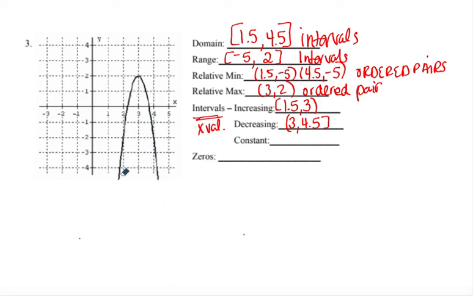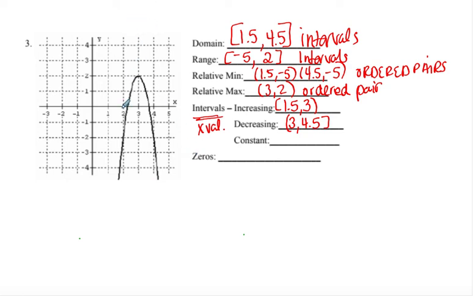Okay, is any place on this graph constant? No, because I don't have any places where it goes here. Now I could argue maybe at a slight point it's going constant, and we can go over that in class. But I'm okay with you leaving that as blank for right now.